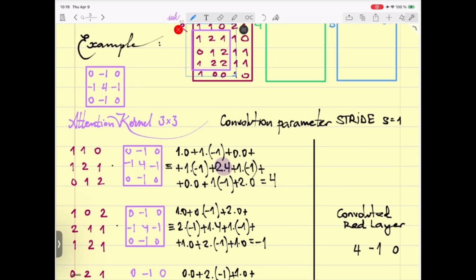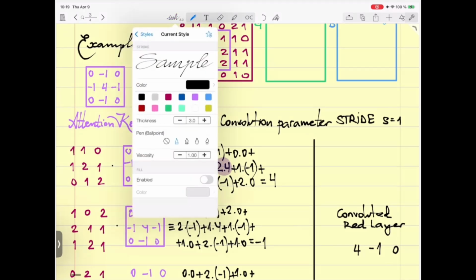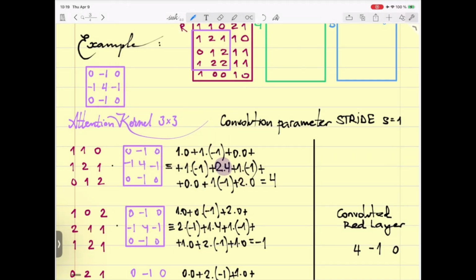So if we do this for the next window, in our minds, 0 times 1, minus 2, minus 2, 0 plus 4 is 2, minus 2 is 0, and then I get a minus 2 here. So the next one is going to be minus 2.